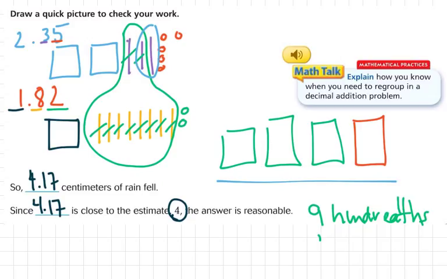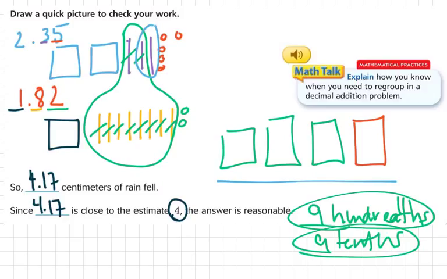And it's just like this. If we have 10 pennies, we would regroup for a dime, and if we got 10 dimes, we would trade for $1.